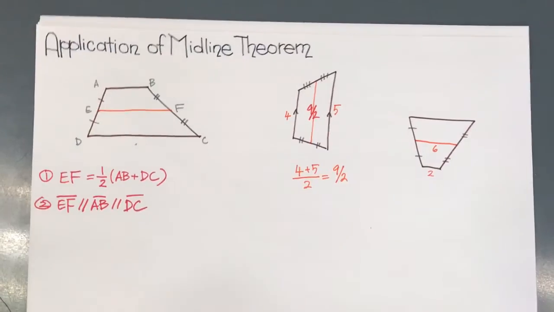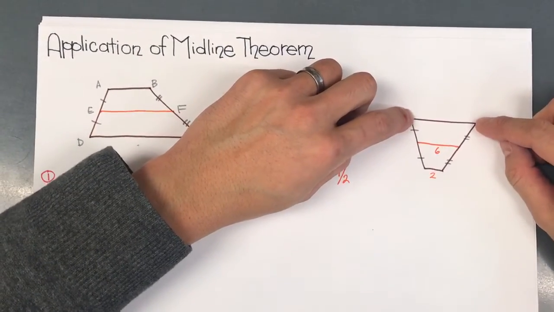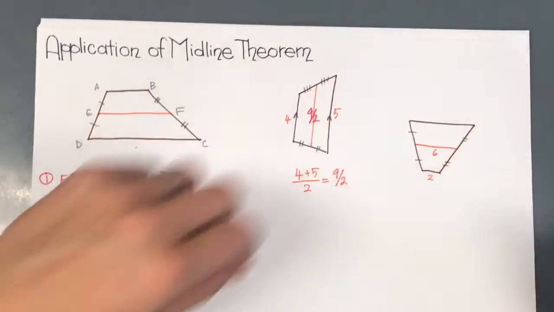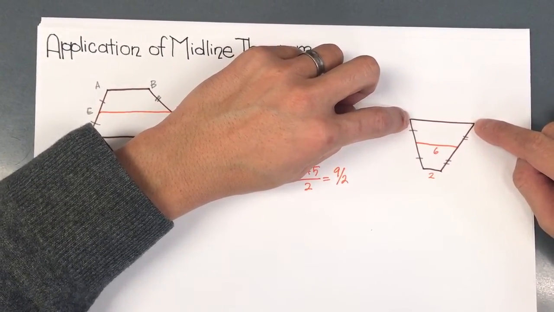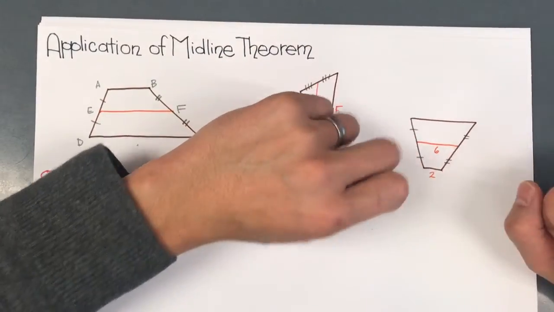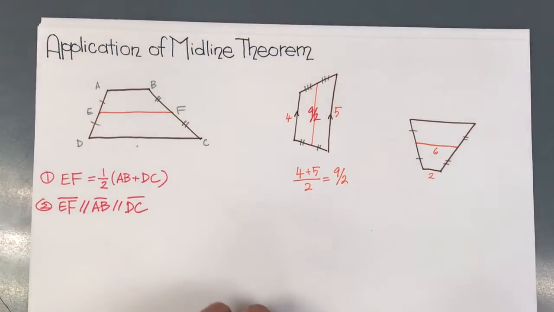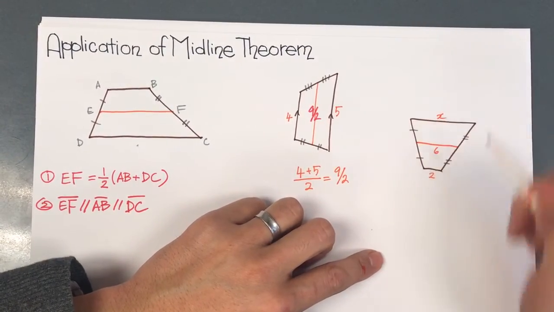How about this guy? Can we find the base 2 with the given information? We know that one base plus this guy, divided by 2, should be 6, right? So let's call this x.